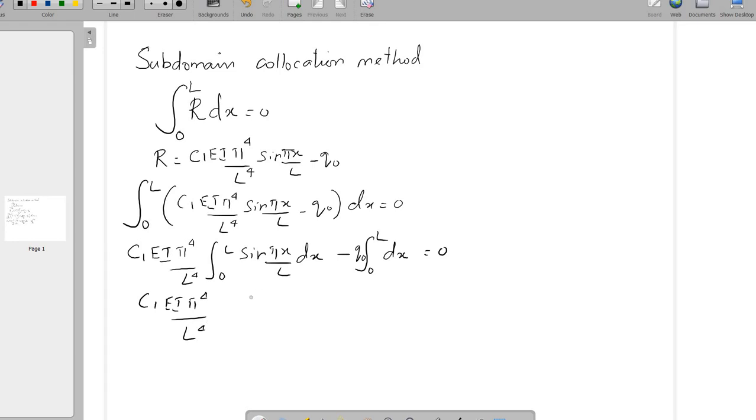When you integrate sin pi x by L, it will be minus cos pi x by L divided by pi by L. The integration limits are 0 to L, minus Q0 x, the integration limit is 0 to L, which is equal to 0.